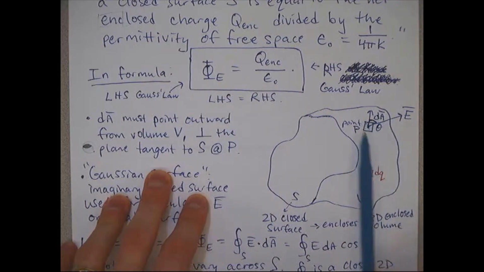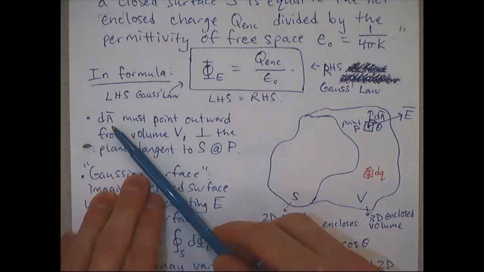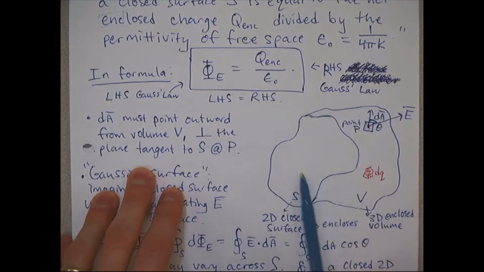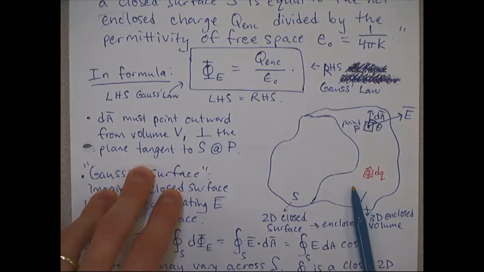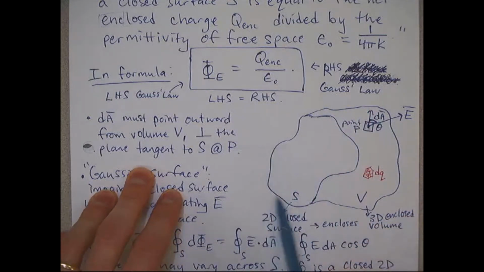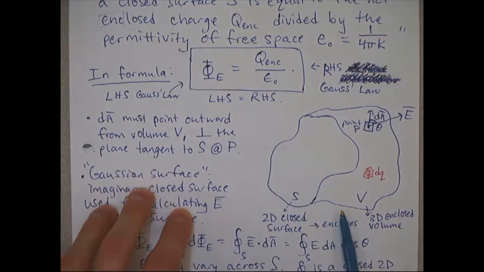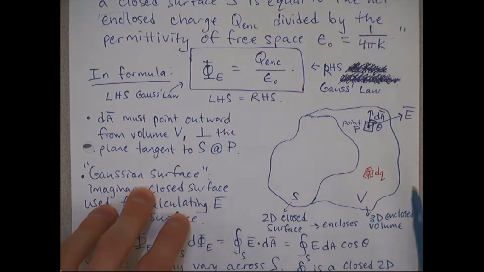Again, when calculating flux, your dA vector must point outward from the enclosed volume V. Right? We just have an arbitrary blob surface S, which encloses some volume here.